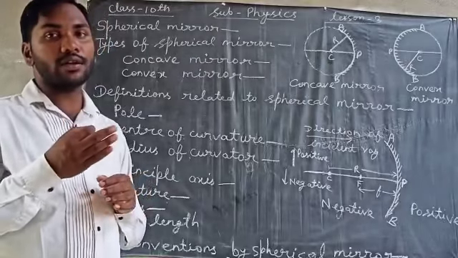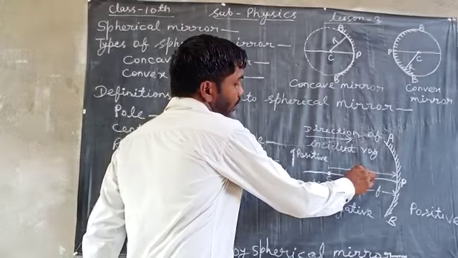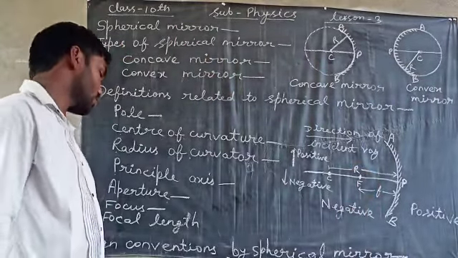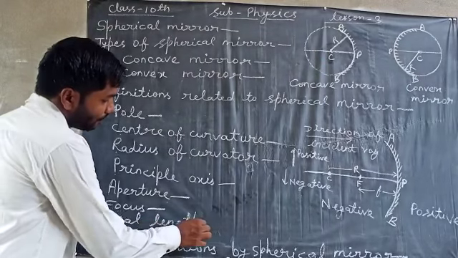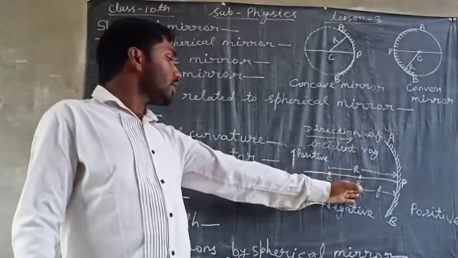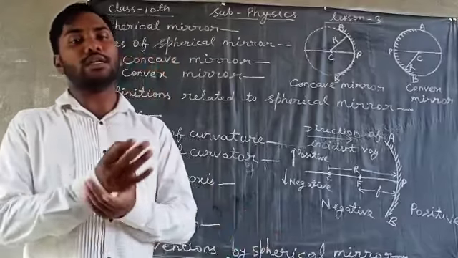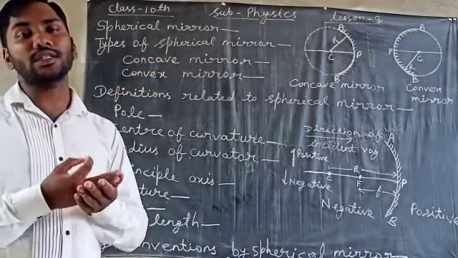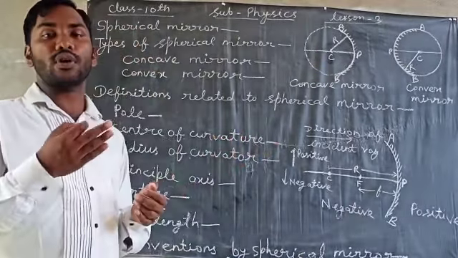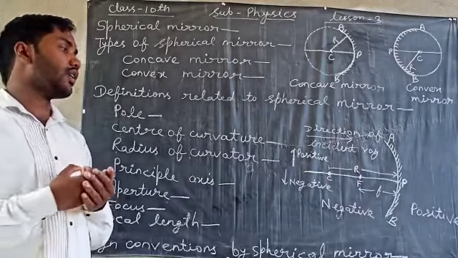After reflection, the rays meet at this point F, and F is known as the main focus or focus. And focal length: the distance between the focus and the mirror is called the focal length. We represent it with a small f.